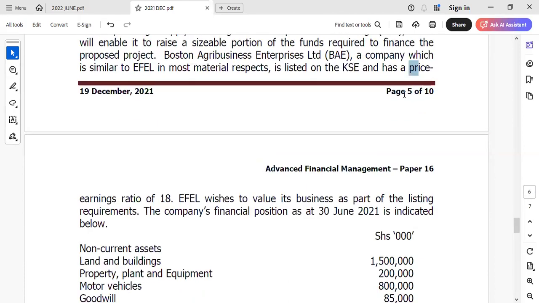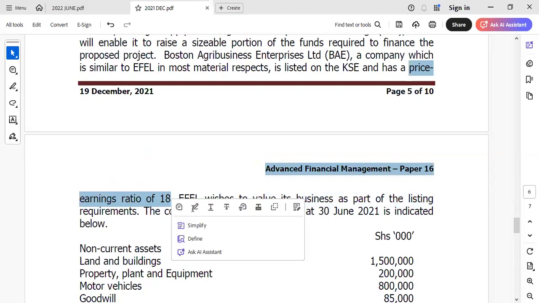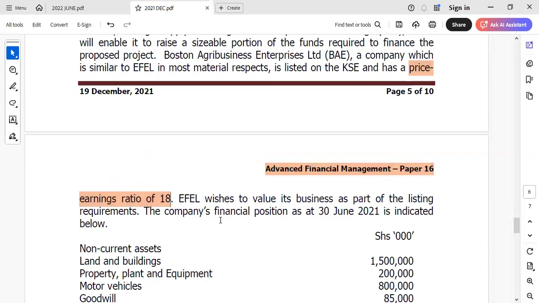In this question, you are given the price earnings ratio, which really makes your work easy.